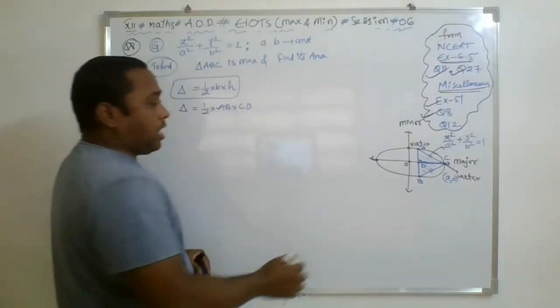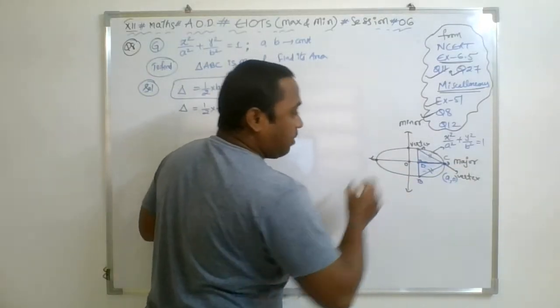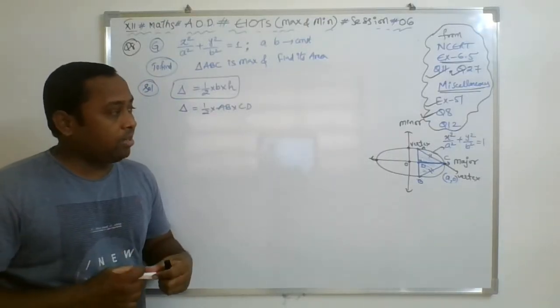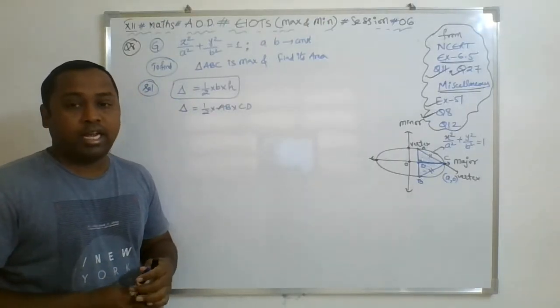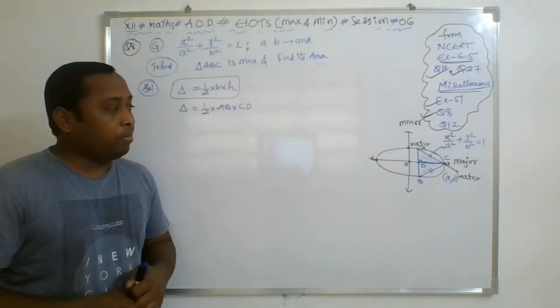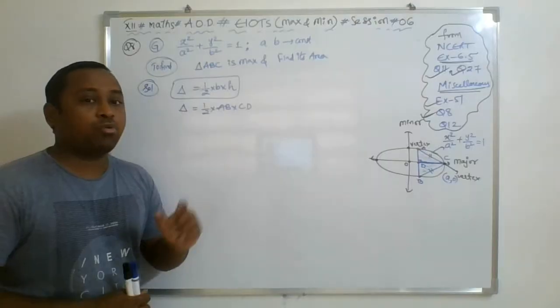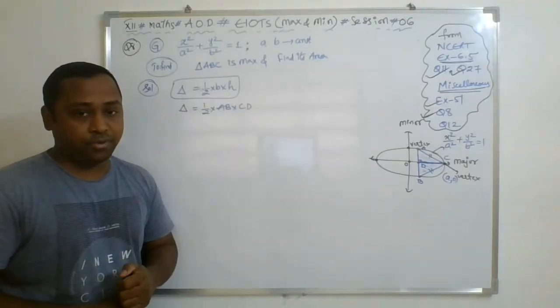But I don't know the coordinates of A and B, right? So this question can be solved in various ways, but if you take the help of trigonometry here, then this question will be very easy for you.